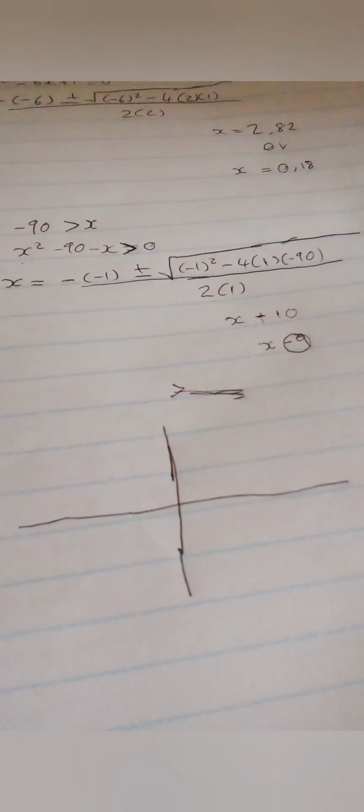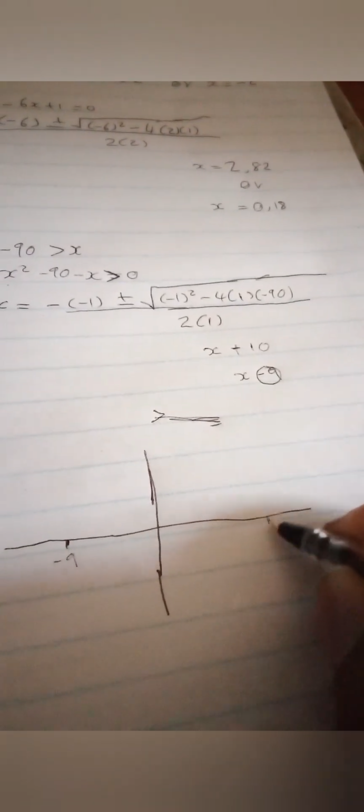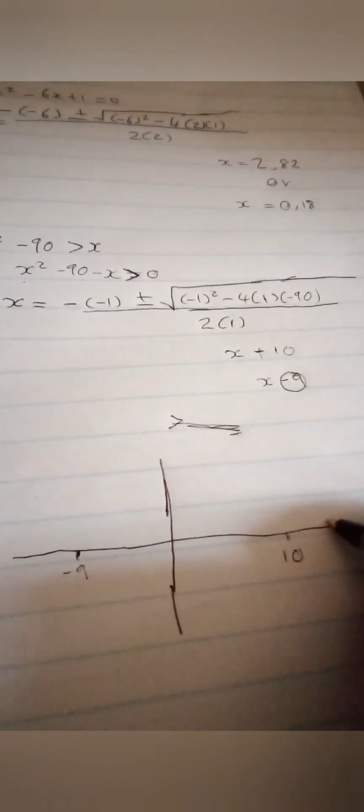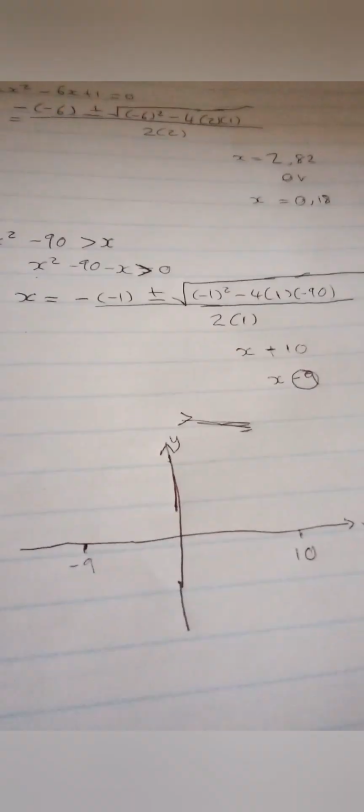So what you're going to do is write something like a number line on a Cartesian plane. It will be like this. Minus 9 will be on this side, then 10 will be on this side, because we all know that according to a Cartesian plane.